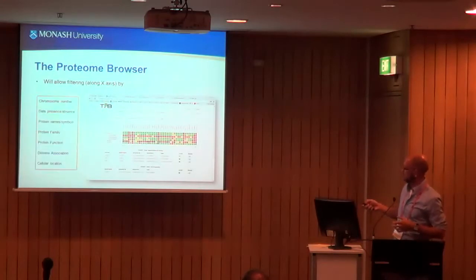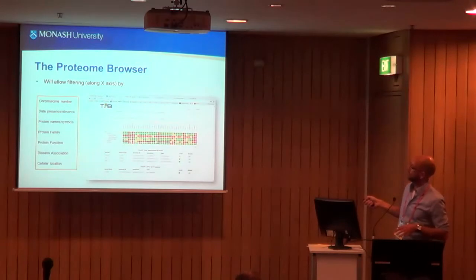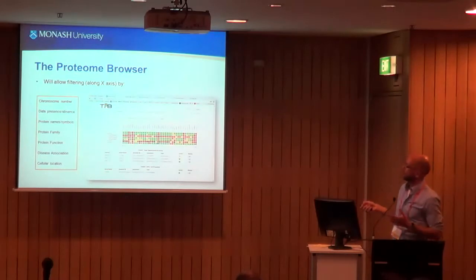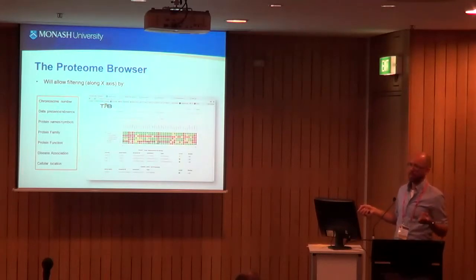The x-axis, at the moment, is simply based on chromosome, but any information already compiled about genes can be compiled on this axis. At the moment it's chromosome 7, but what's really useful is to say, just show us the ones where there's no data, and we just want to focus on those.